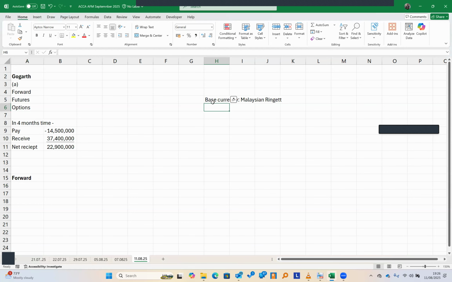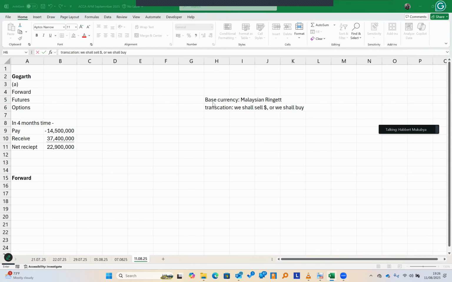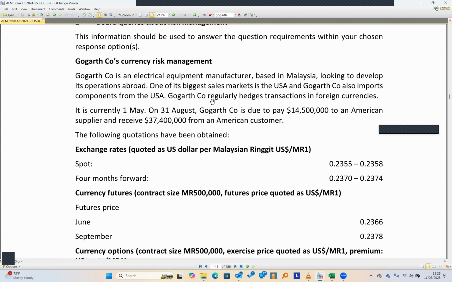So now, after understanding the Malaysian ringgit is the base currency, then we know the transaction itself. The transaction is that on that day, we shall sell dollars or we shall buy the Malaysian ringgit.